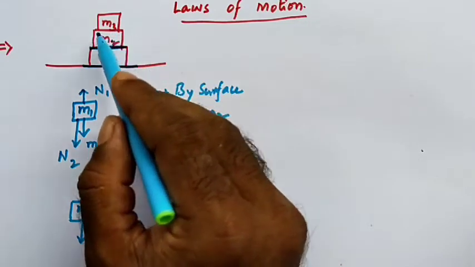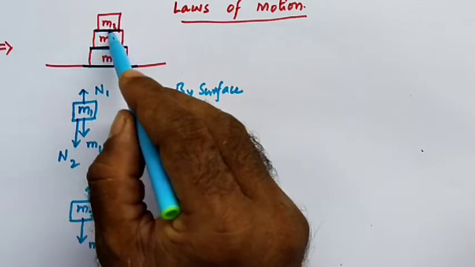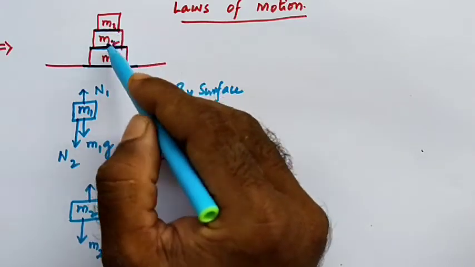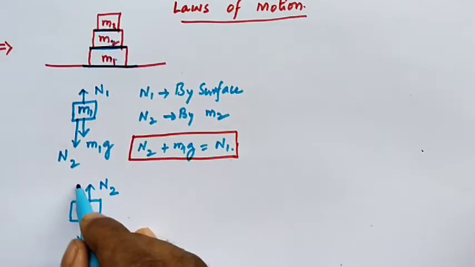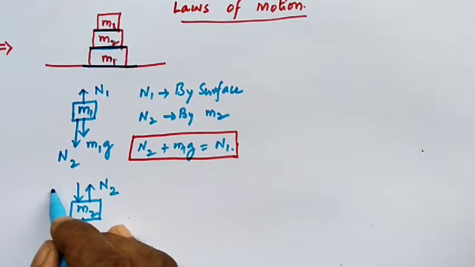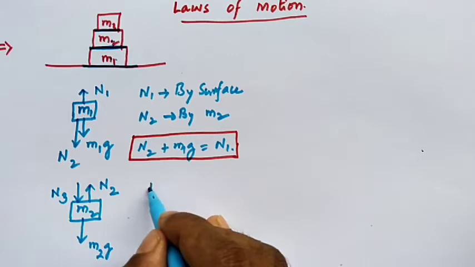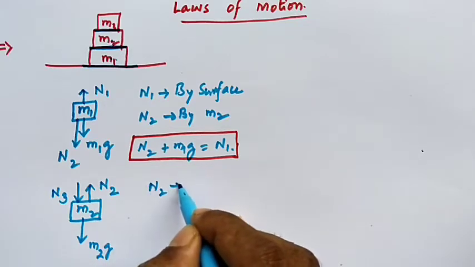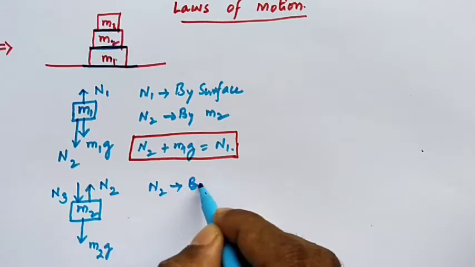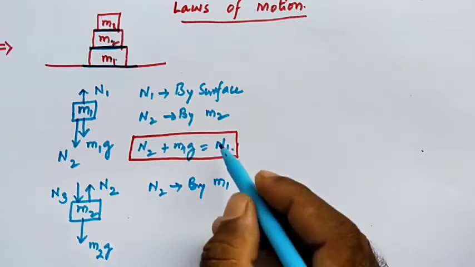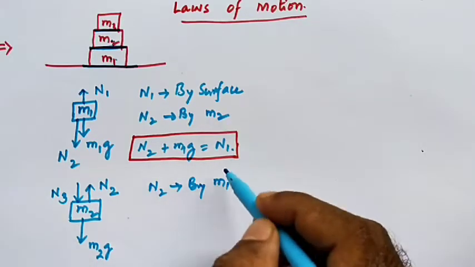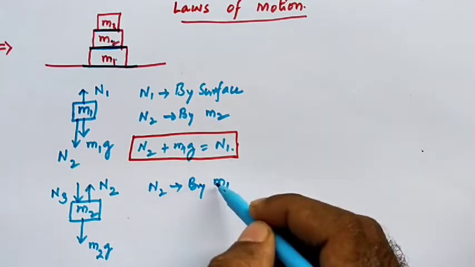m3. Yes, m3 is in contact with m2. So m3 applies a normal force on the body in the downward direction. How much? Let us take that as N3. Clear? Now in this, what is N2? N2 is the force applied by m1. These two form an action-reaction pair here.